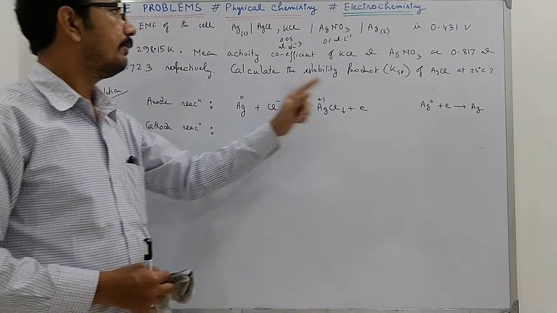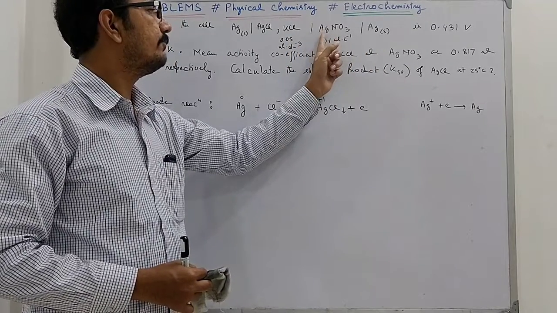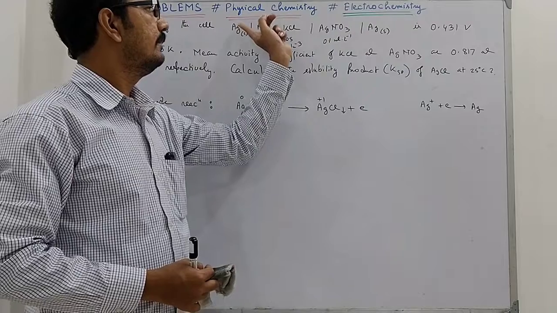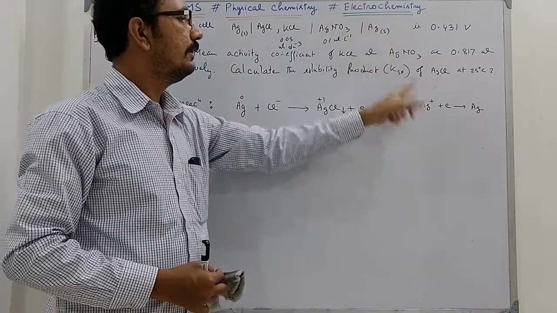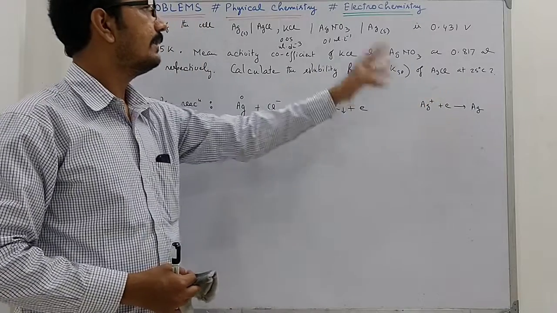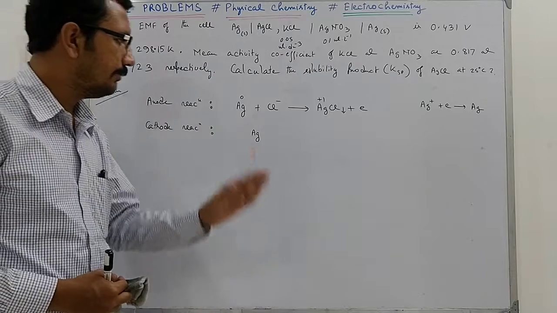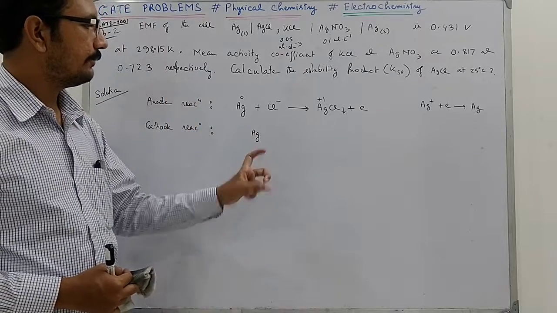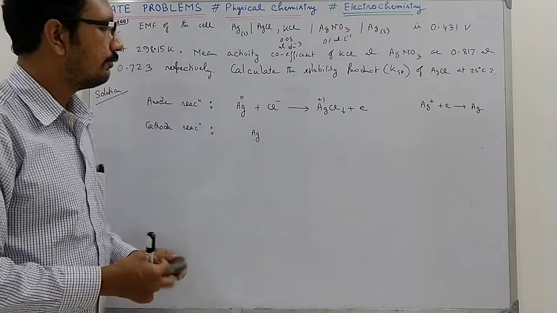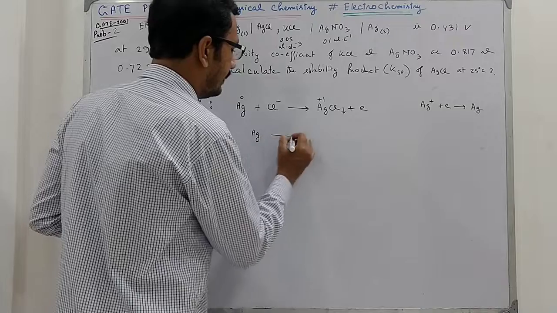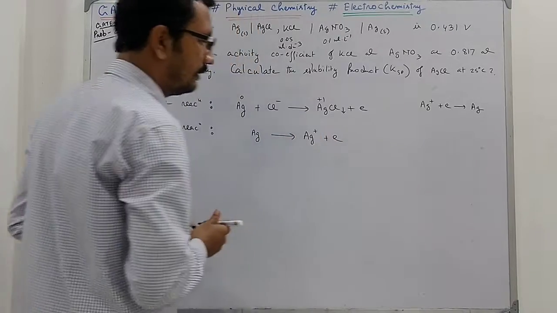At the cathode, Ag plus takes up the electron that is carried externally to this electrode, giving silver, and this silver gets deposited at the cathode. But since you have to use a particular method for both, if you use the oxidation method, you have to use it in both cases. So we will write the reverse reaction, Ag arrow Ag plus plus electron, in oxidation mode.